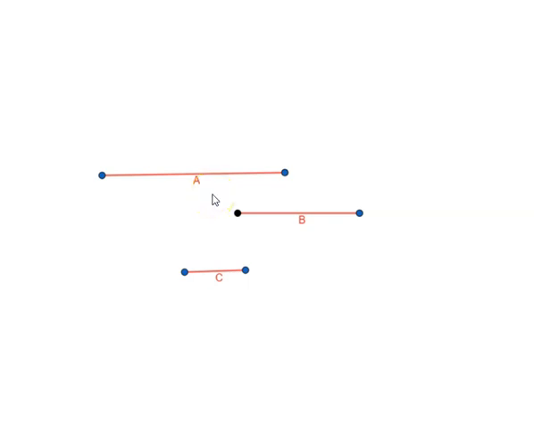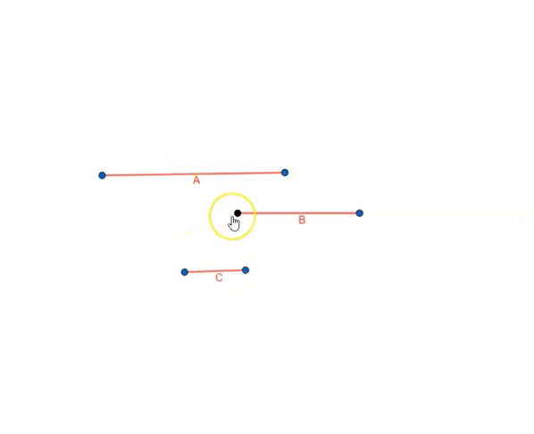Now let's take the other case, where we look at the ratios of C to A and C to B and try to figure out which of these two magnitudes is greater based on those ratios. So here let's assume that B is greater than or equal to A. If we make that assumption, let's take it one by one.